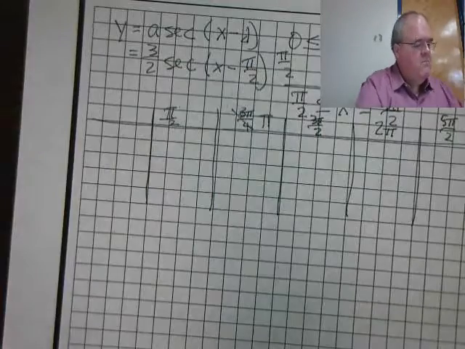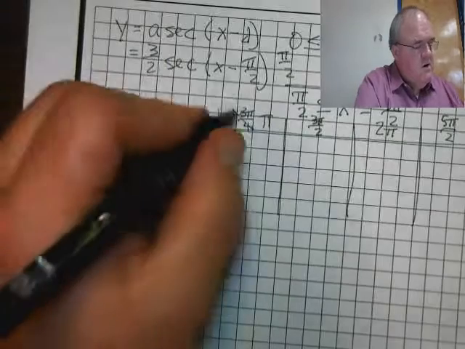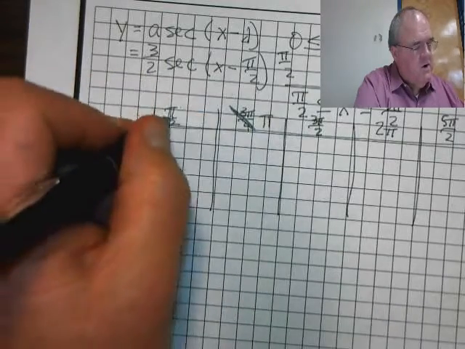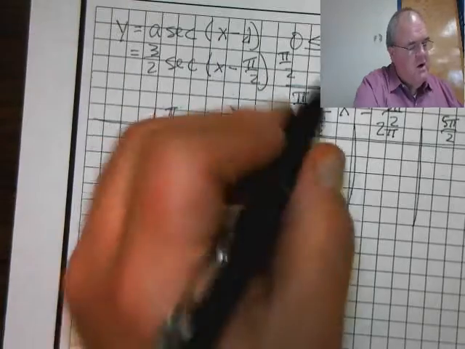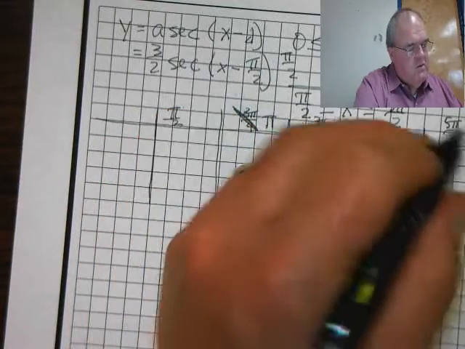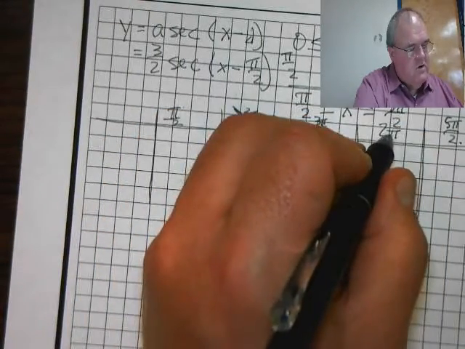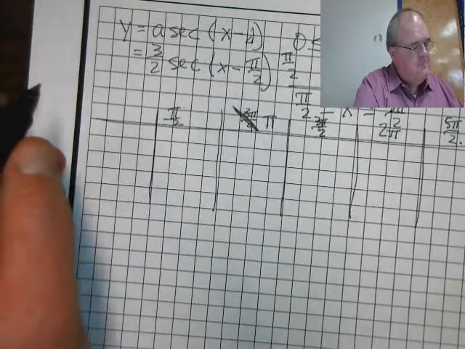There we go. I knew I'd made a mistake. So halfway between pi over 2 and 3 pi over 2 is pi. Halfway between 3 pi over 2 and 5 pi over 2 is 2 pi.